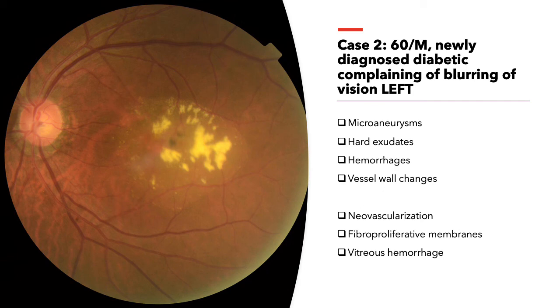So without those, the source of the hard exudates must be from another pathology. It must be from something else, like age-related macular degeneration, okay? But not diabetic retinopathy. And also, this patient is newly diagnosed, so he or she may not have features of diabetic retinopathy.